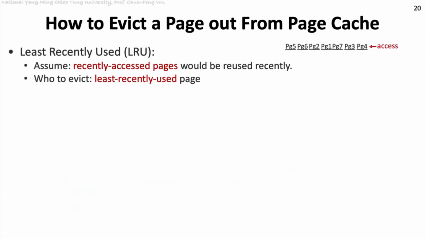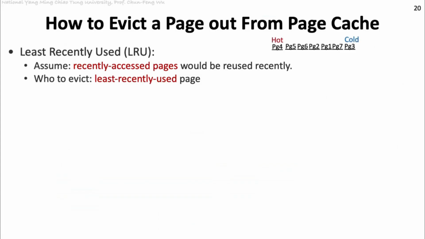But here are some issues for LRU. Think about it: here is the page list, from page 5, page 6, page 2, page 1, 7, 3, 4. Now if we access page 4, because it is accessed, it will be moved to the head of this LRU list.